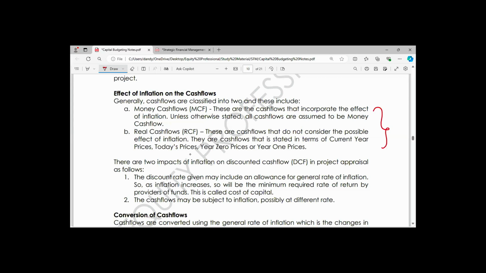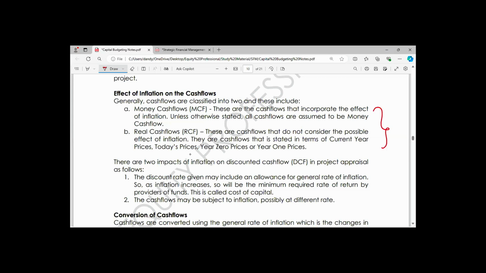So if it is to convert real cash flow to money cash flow, examiner will usually tell you that it is real based on the way it is being given. However, if the question is silent as to whether it is money or real, you are going to assume that it is money cash flow.